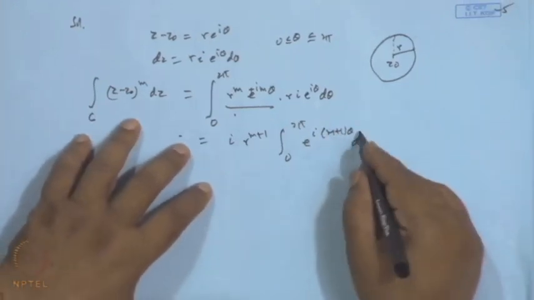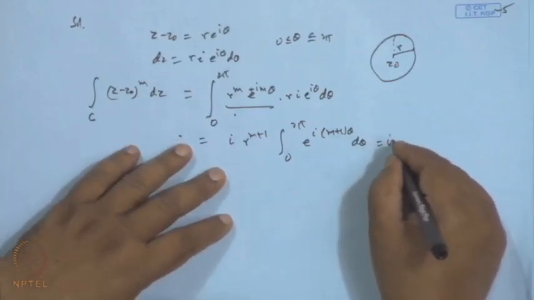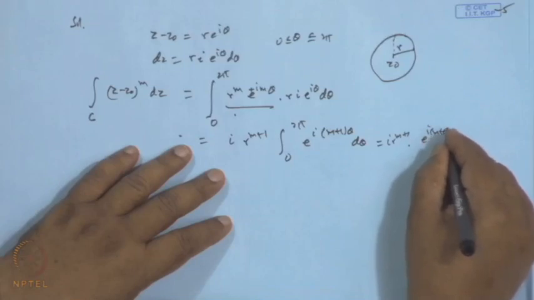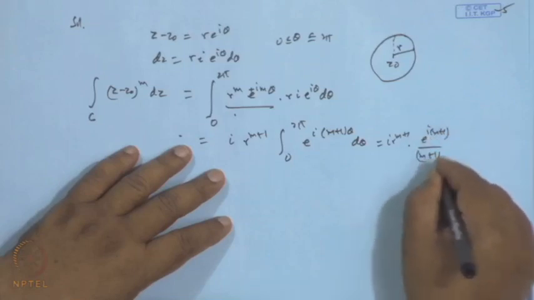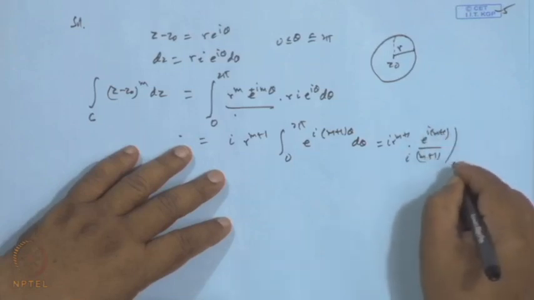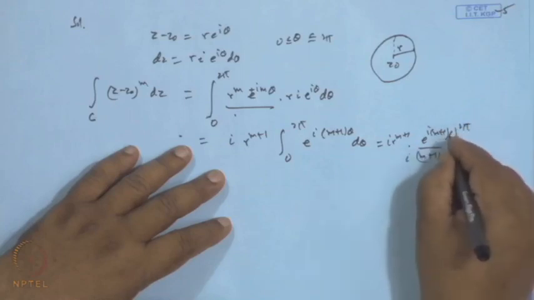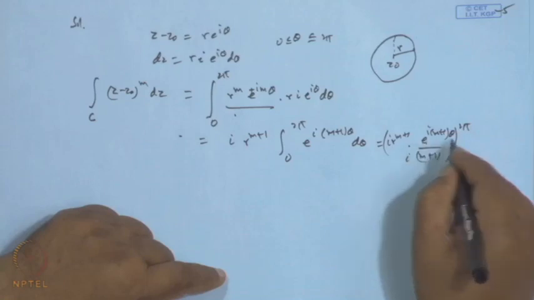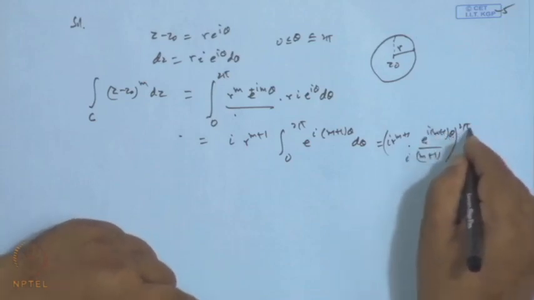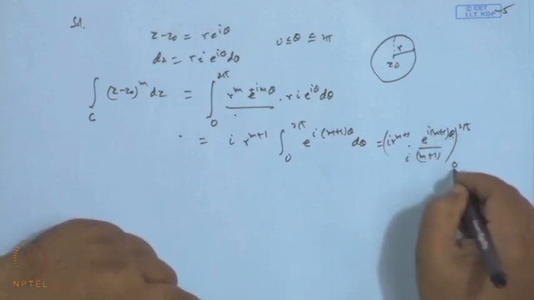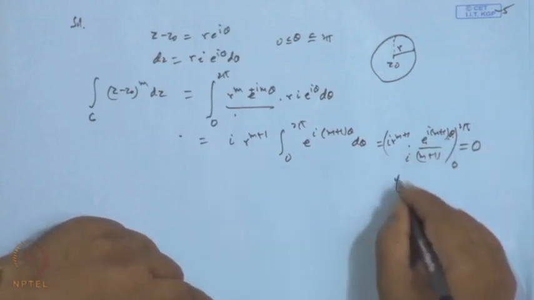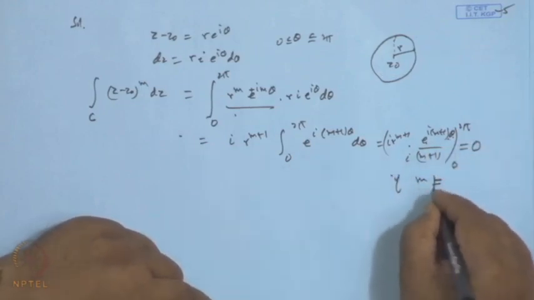And this value will come out to be i r^(m+1) e^(i(m+1)θ) divided by i(m+1), with limits 0 to 2 pi. So, the value of e to the power i times some constant times theta at 2 pi will be 1, and at the point 0 is also 1. So, the value will come out to be 0 if m is different from minus 1.